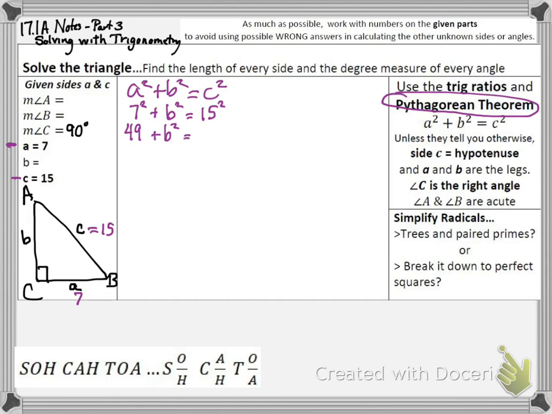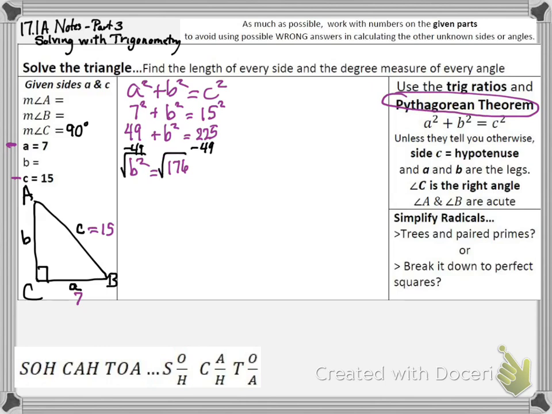Use your calculator if you need to. But c squared is 225. I need the b squared by itself, so I will subtract 49 on both sides, which gives me b squared equals 176. Okay. And to get rid of the 2 exponent, of course, I will take the square root.